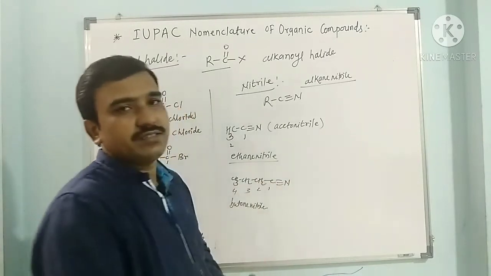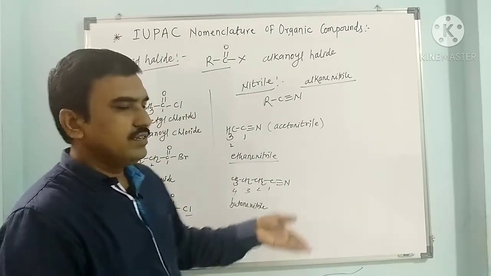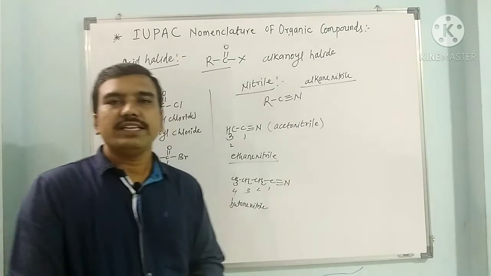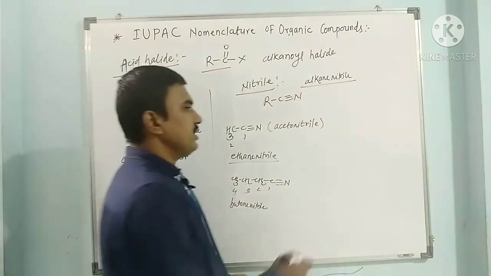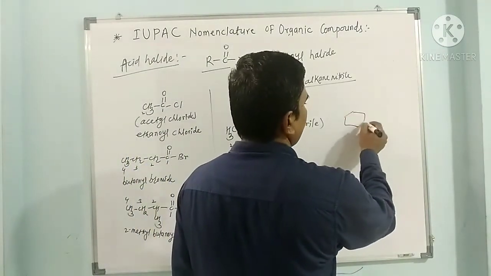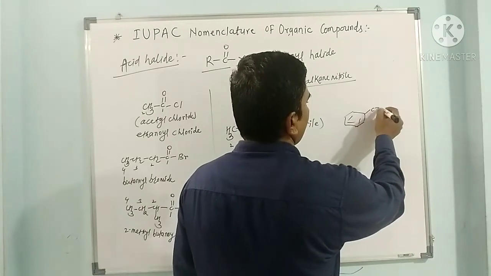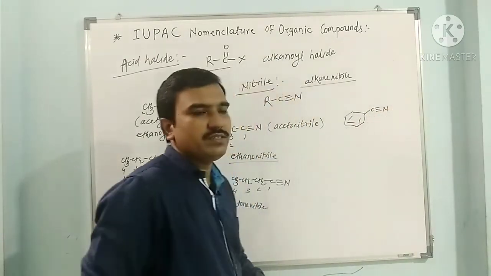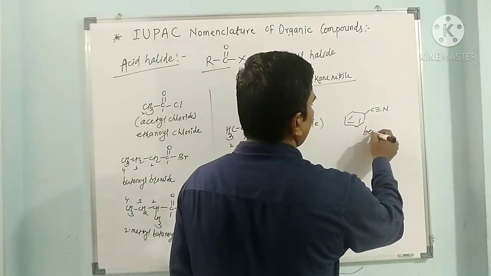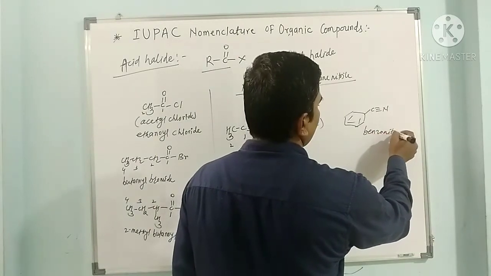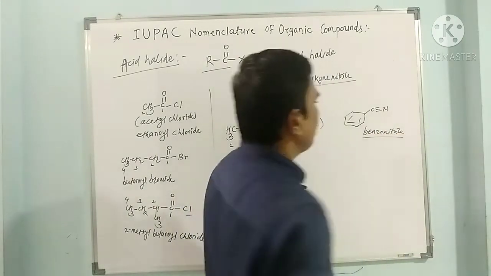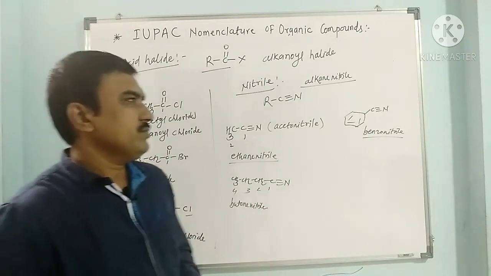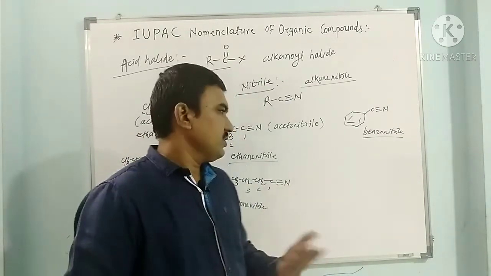So we can attach any group to this nitrile and accordingly we can name it. One example is benzonitrile, or cyanobenzene. It is called benzonitrile. In this way we can name different compounds.